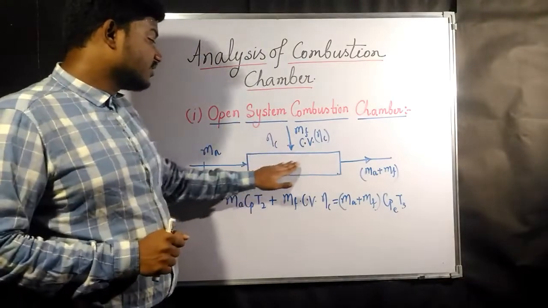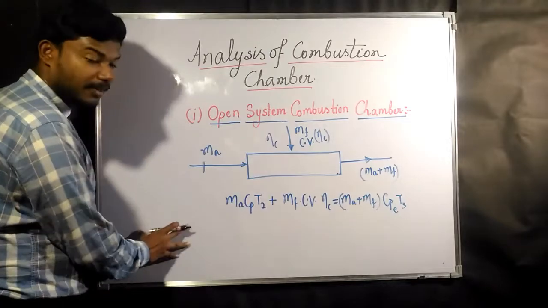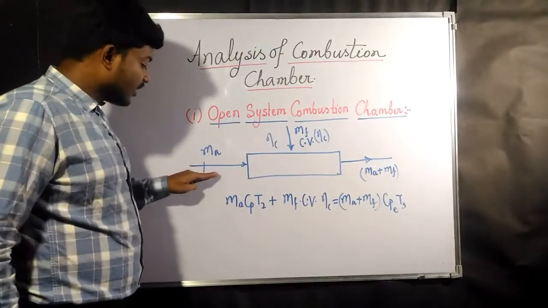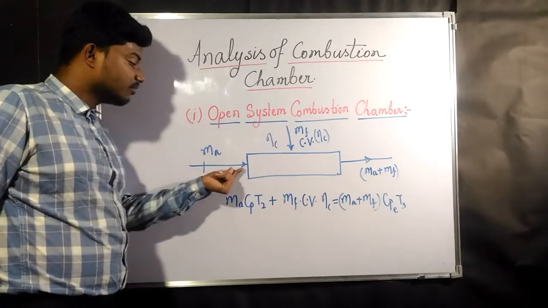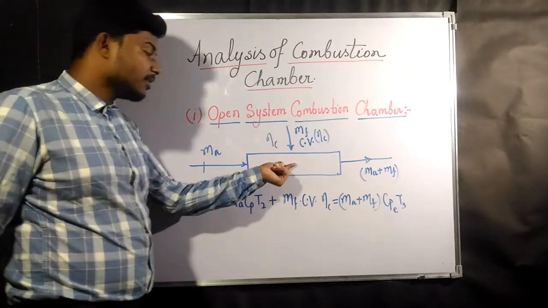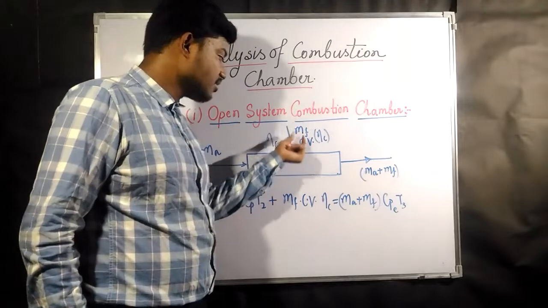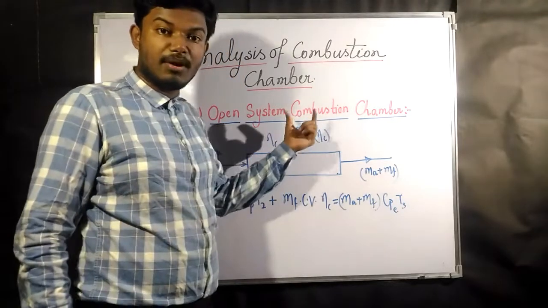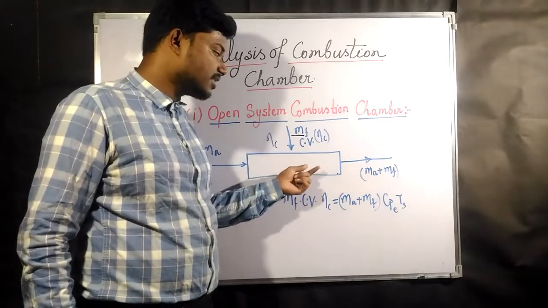Okay, so if this is the combustion chamber, here we had a compressor, and after coming out from there we had a turbine here. As the mass of air goes inside this combustion chamber, an amount of fuel, mf meaning the mass of fuel, is injected into the combustion chamber.